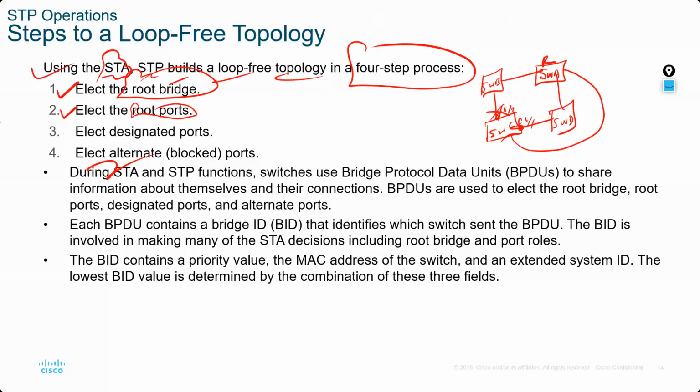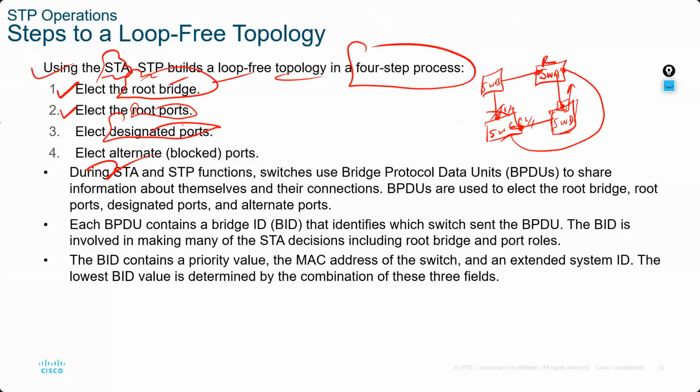So if switch D right now has decided that this is the best path, this port is what it will be using to go to the root bridge, and the port that is being used actively now is the root port. Because I used to think the root ports are on the root bridge, guys. The root ports are not on the root bridge. All the ports on the root bridge are called designated ports.